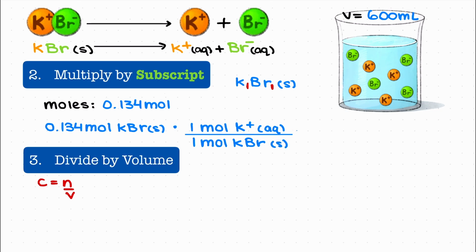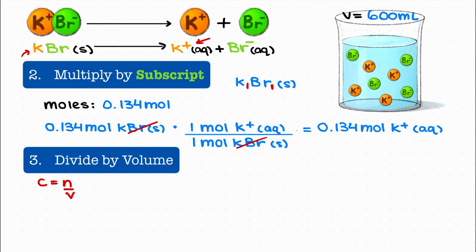Which makes sense, because if we look up at our balanced formula, we can see that for every 1 potassium bromide over here, I have 1 potassium. And so that explains our ratio. Now, with a 1-to-1 ratio, we're going to see that our potassium bromide will cancel out, and we are left with 0.134 moles of potassium ions in our solution.